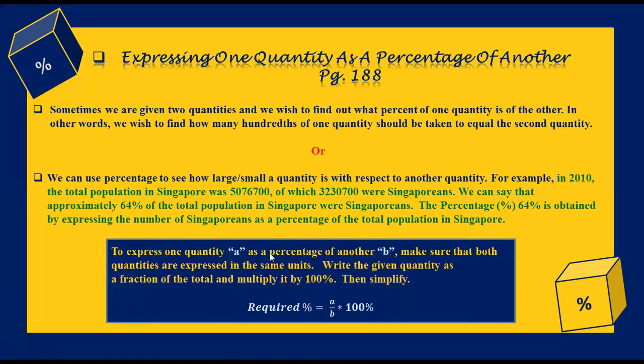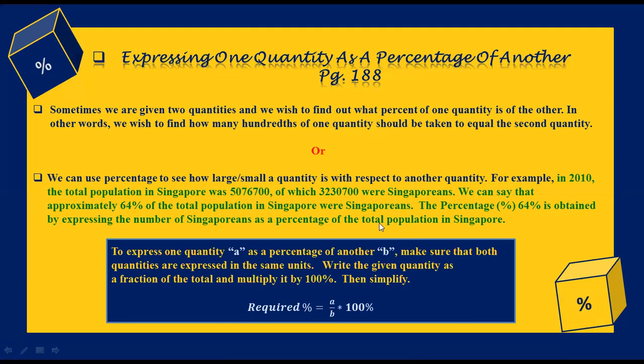To express one quantity A as a percentage of another B, make sure that both quantities are expressed in the same unit. हमने फ्रैक्शन में जो भी क्वांटिटी A और B ले रहे हैं, उनकी यूनिट सेम होनी चाहिए. जैसे कि अभी हमने एक एग्जाम्पल की थी पीछे 200% वाली, क्योंकि दोनों पॉपुलेशन है तो हमने फ्रैक्शन में रख दिया, वरना यूनिट सेम करना होता.